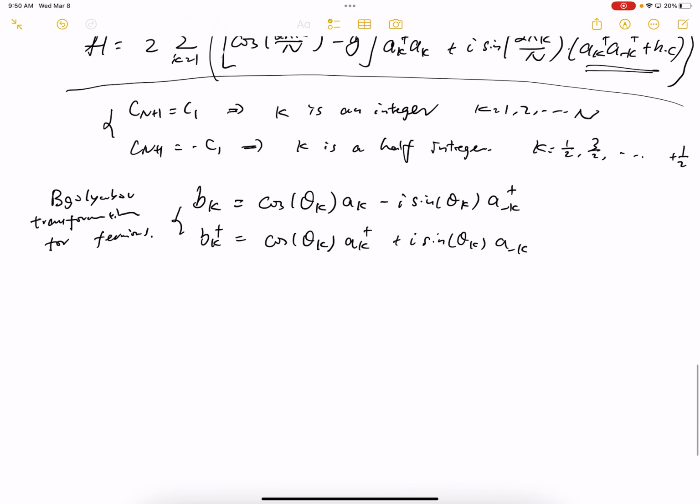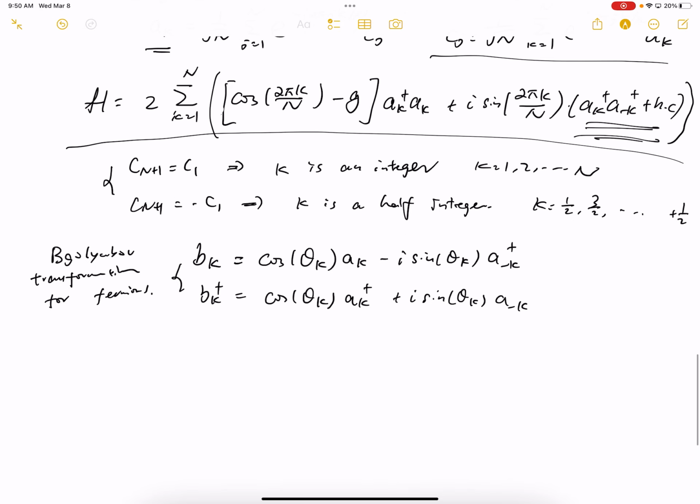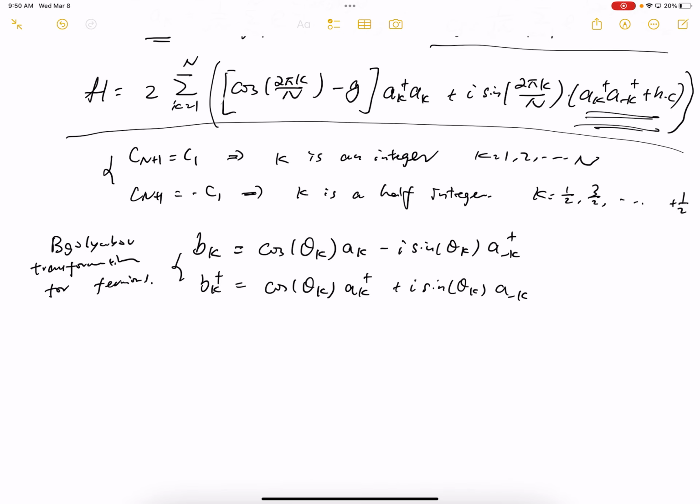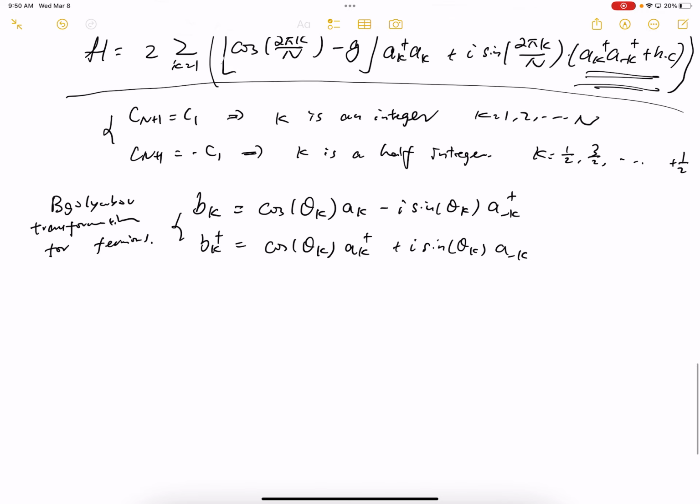With this transformation, you can actually get rid of the pairing term. Of course, you have to choose your theta_k, which is the Bogoliubov angle, correctly. In this case, the choice is also similar to the boson case. The tangent of theta_k has to be equal to this particular function.